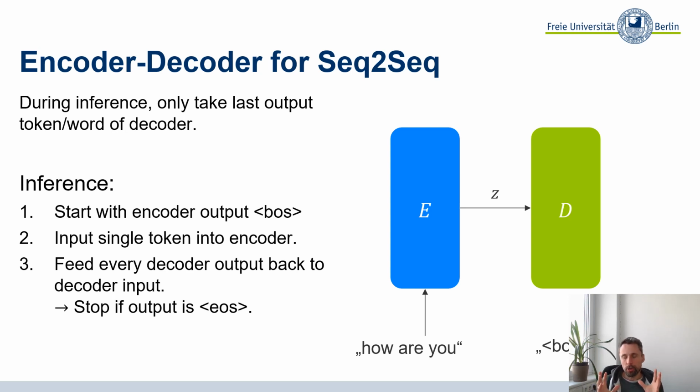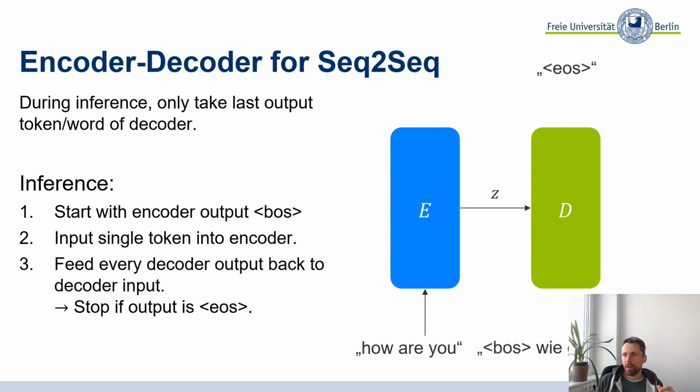So the encoder takes in the entire input sentence and passes along this vector z, and the decoder now receives, for example, this first token, beginning of sequence, and then will generate subsequent words or tokens that we'll then feed into the decoder that will condition the decoder to produce an output distribution of the subsequent word, okay?